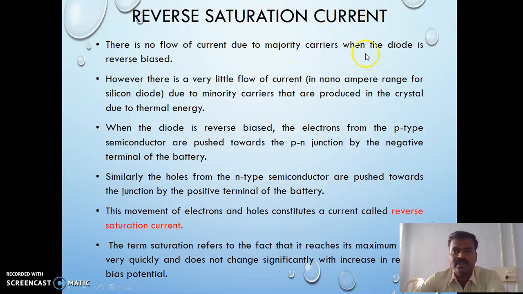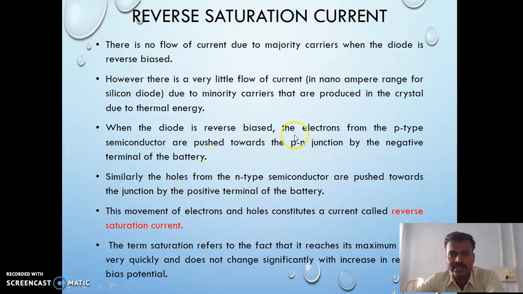The next one is reverse saturation current. As we just discussed, during the forward bias condition there is a current flow through the PN junction diode, and during the reverse bias condition there is no electric current flow. Anyhow, under some thermal energy, there will be a small flow of current due to minority carriers that are produced in the crystal.